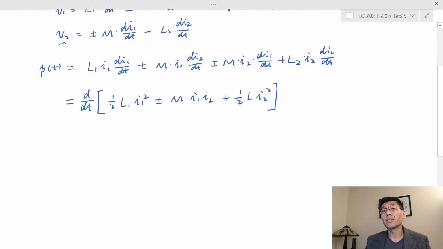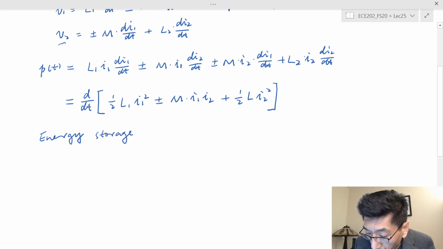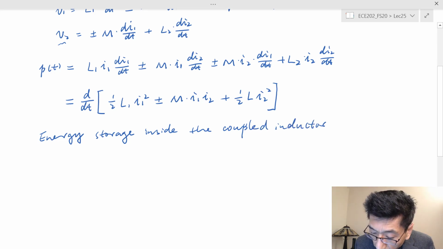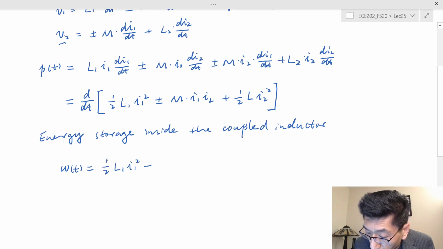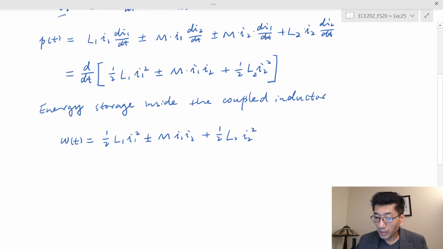And since we know the power is the derivative of the energy, the energy stored inside the coupled inductor is going to be, let's use W. W(t) is going to be equal to what's in the brackets: half L1 I1 squared plus or minus M I1 I2 plus half L2 I2 squared. Right, so that's the energy.